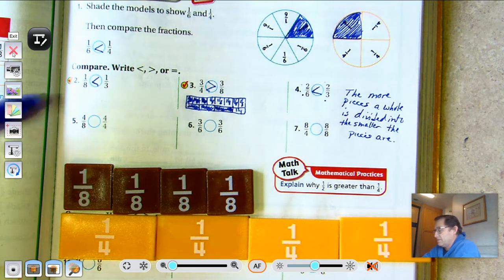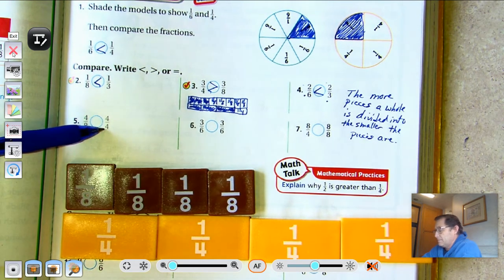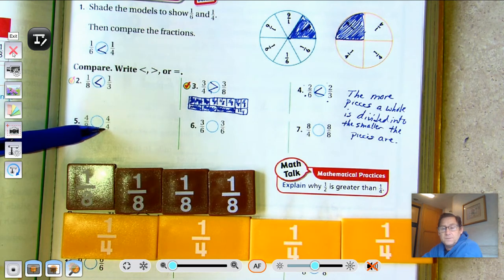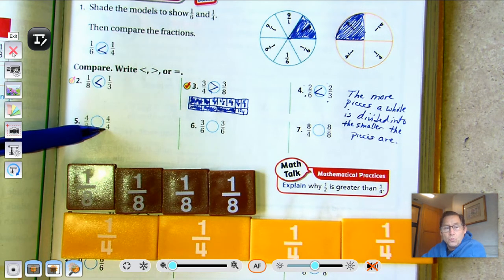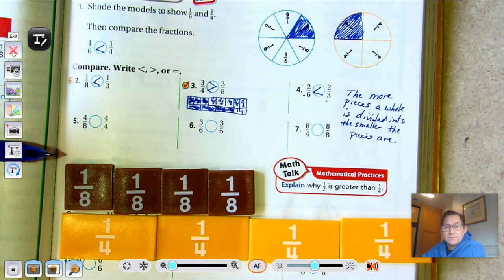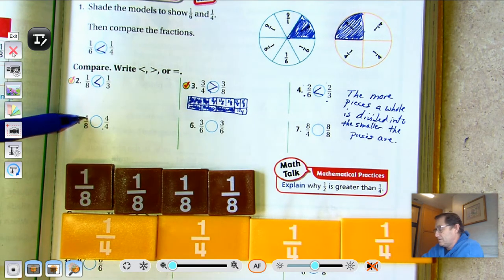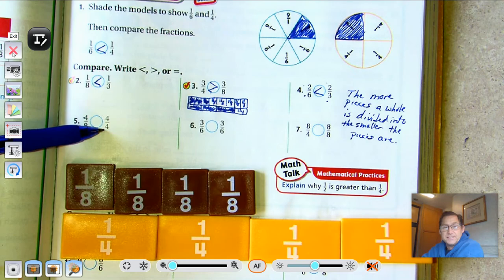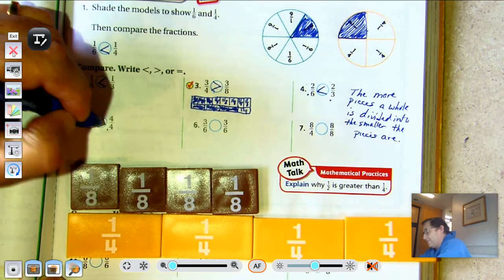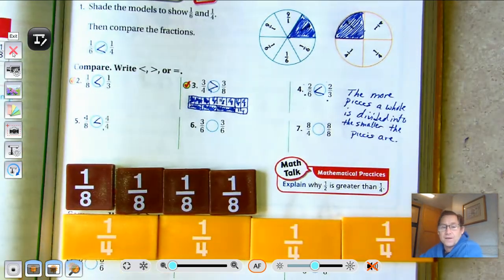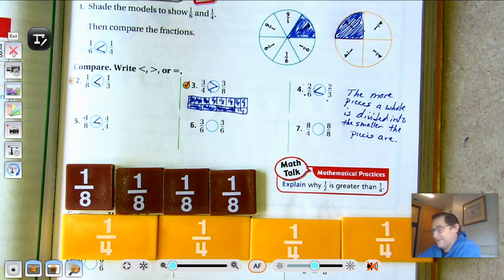And again, let's confirm that. The less number of pieces in the whole, the larger those pieces are. So these 4 pieces have to be smaller than those pieces. So 4/8 is less. 3/6 compared to 3/6. It's the same thing, right?